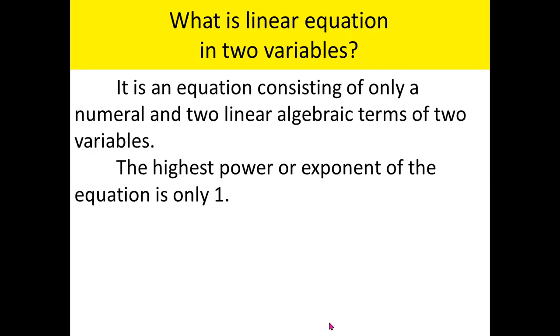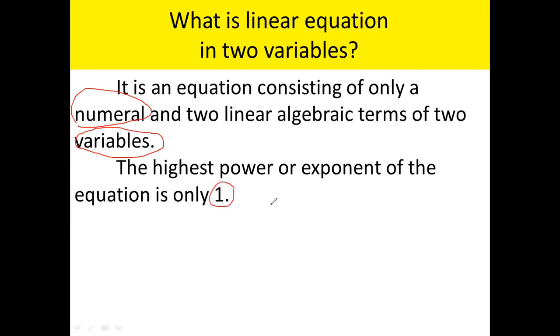Okay, now remember, based on the definition, it consists of only a numeral, meaning a number or a whole number or the constant, and of course with 2 linear algebraic terms or variables. Take note, 2 variables. And then the highest power or exponent is only 1.